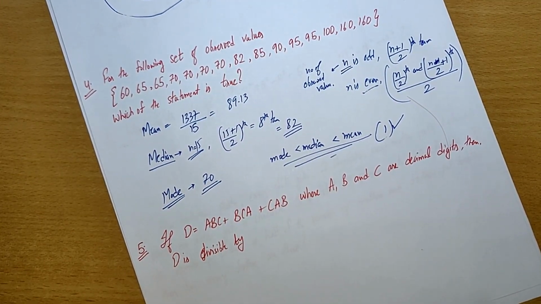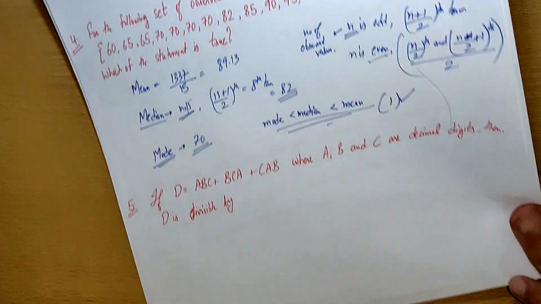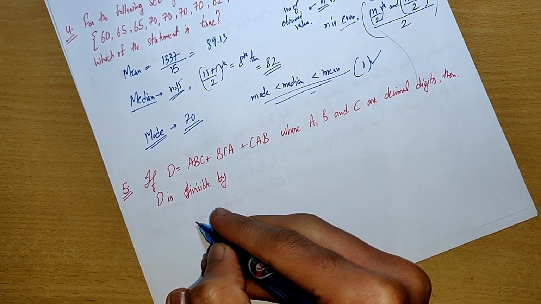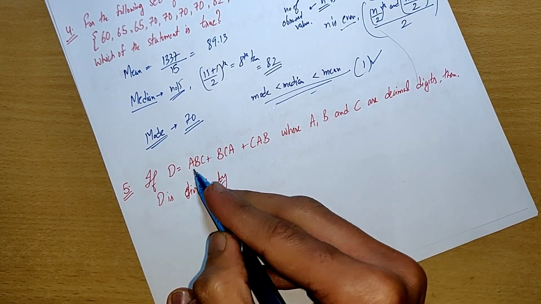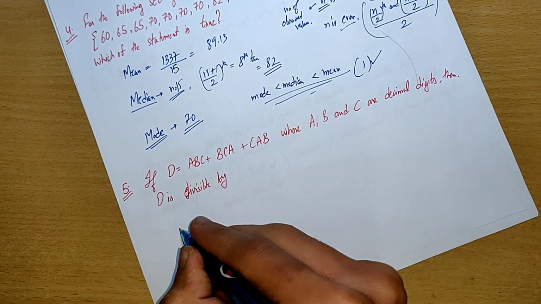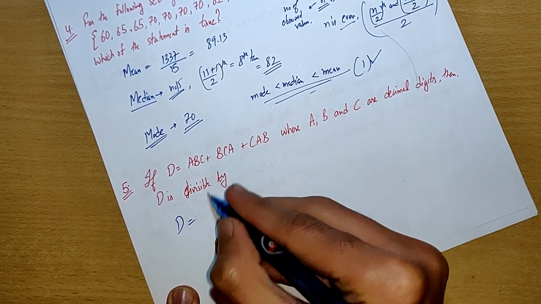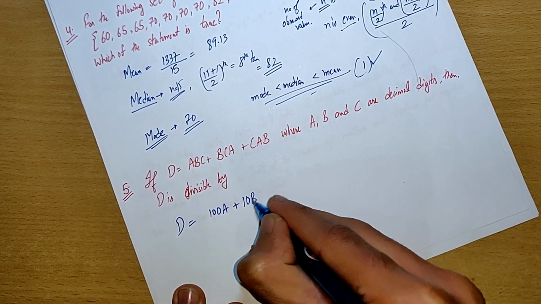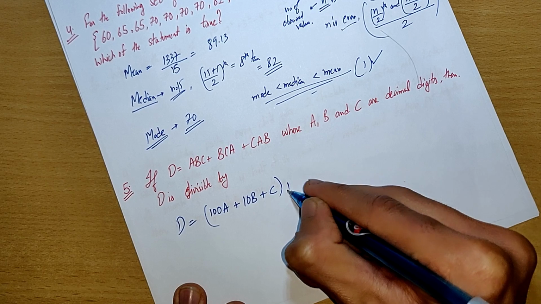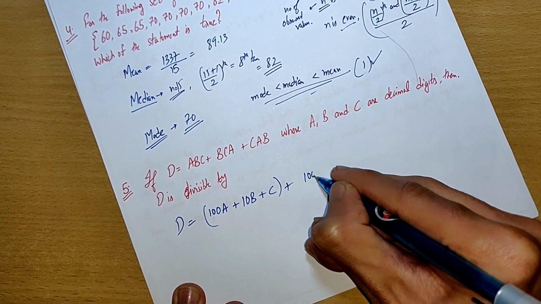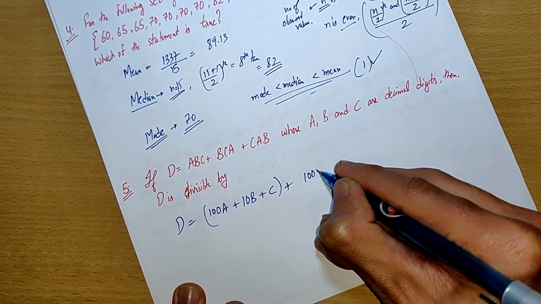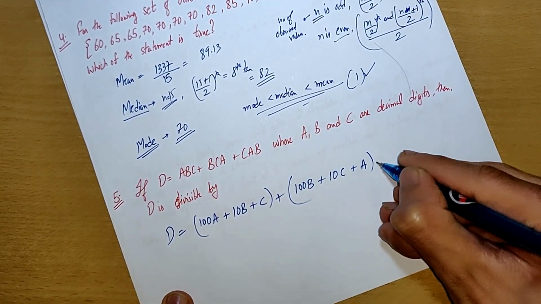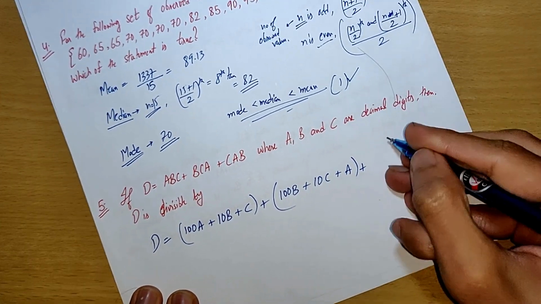Now the next question. It is given like this, so we can expand it. ABC we can write as 100A plus 10B plus C, and then 100B plus 10C plus A, like we used to do in small classes.